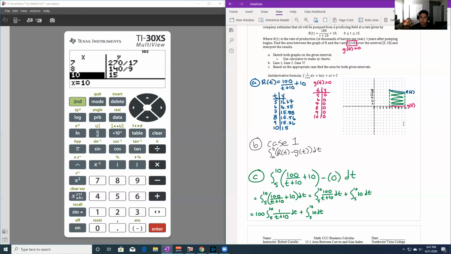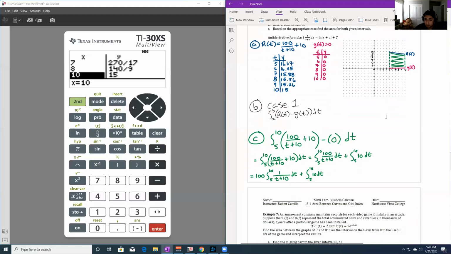Okay, we are now ready because this part uses the new antiderivative formula. The integral of 1 over x plus a becomes the natural log of x plus a. So that's what we're going to use here.